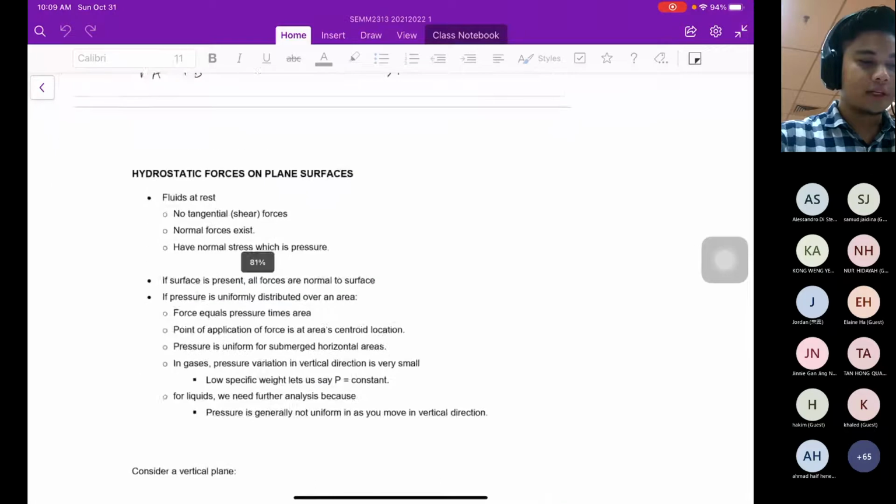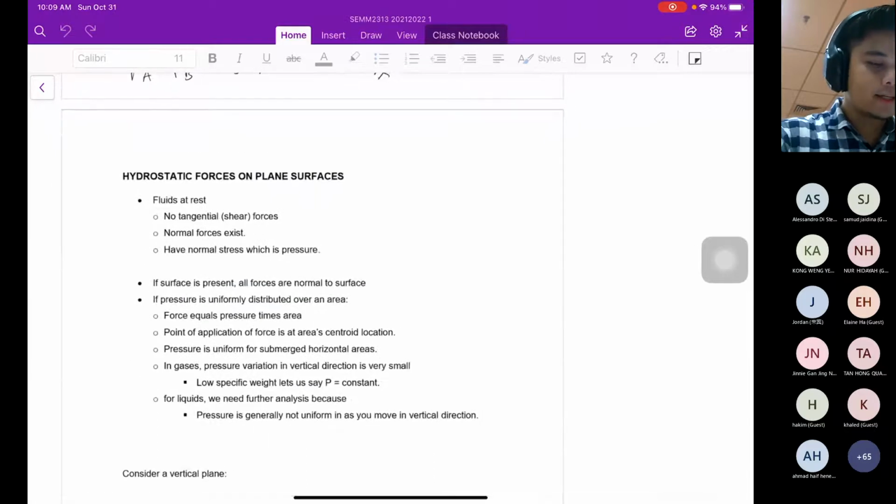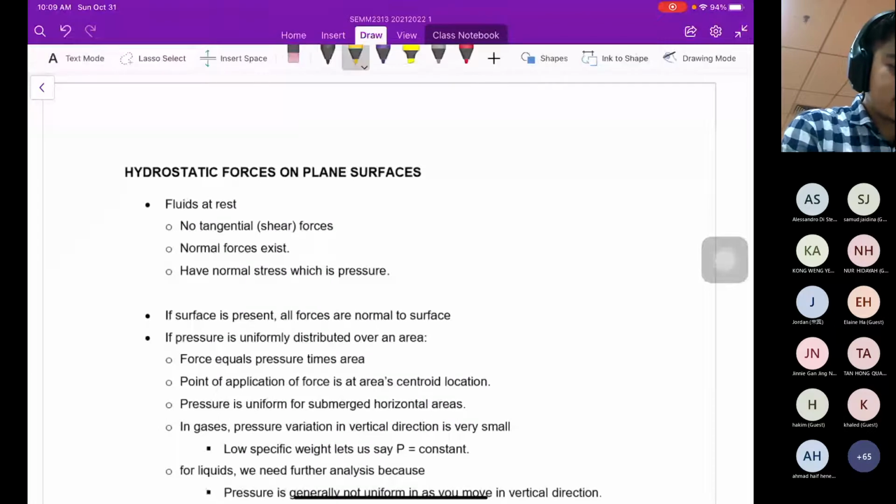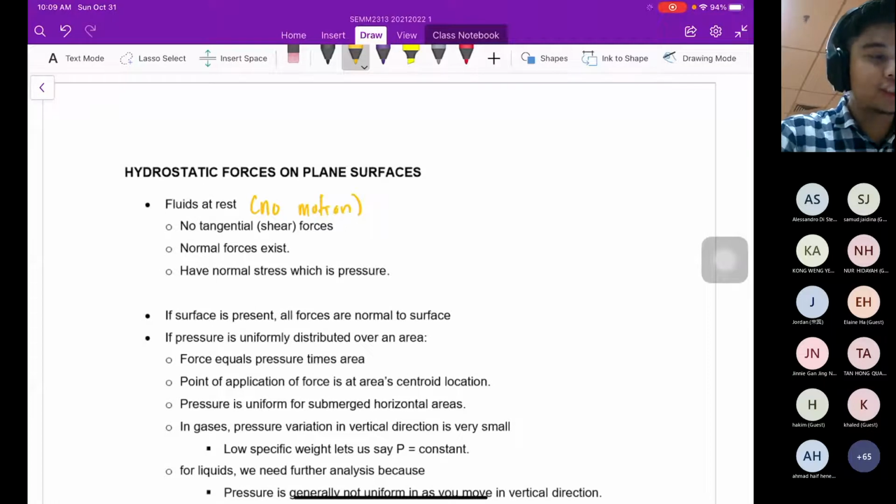Right, so let's proceed. Hydrostatic forces on plane surfaces. When the fluid is at rest, as I mentioned before, it has no motion at all. No motion, no tangential or shear forces. That means there is no shear stress. Number two, normal forces exist.